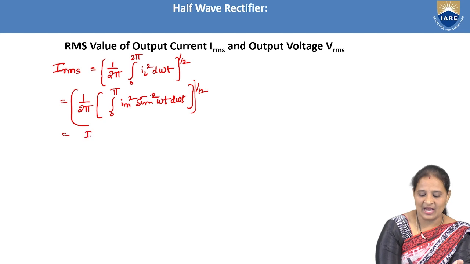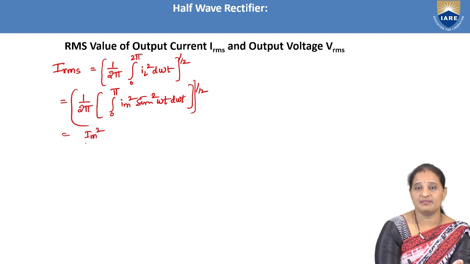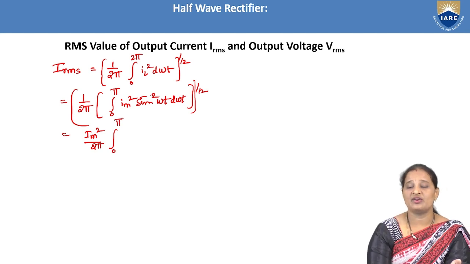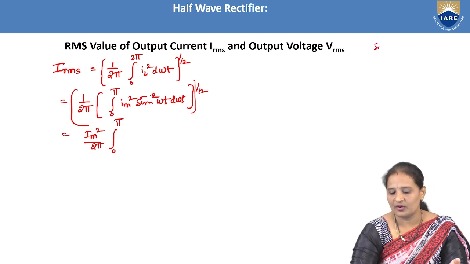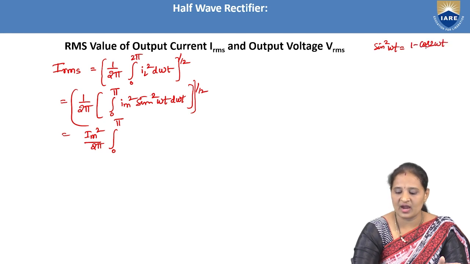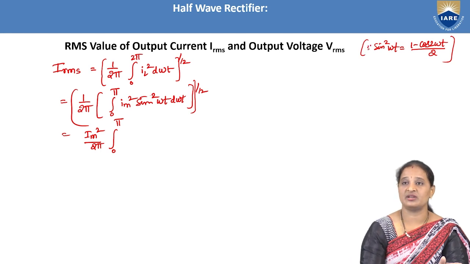Now let us take Im square out of the integration because it is a constant. Im square by 2 pi integral 0 to pi. We can write sine square omega t as 1 minus cos 2 omega t divided by 2. This is a formula we have in trigonometry.